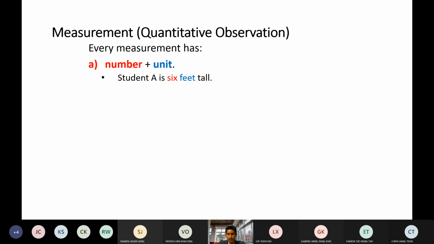So for quantitative, every measurement has a number and a unit. Only a number does not tell anything. 10, 20, 0.5, 100, it does not tell us anything unless there is a unit. The unit will be feet or millimeter, centimeter, meter, cubic meter, all those things.